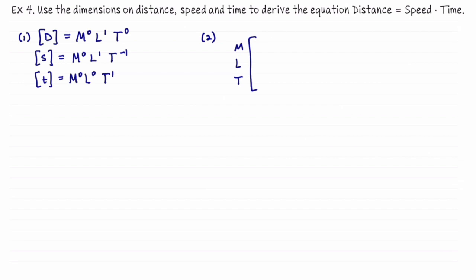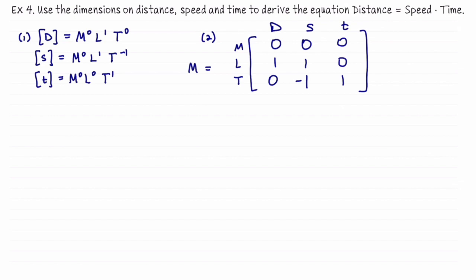I'm going to label the columns D, S, and T. Now we take the exponents: D was 0, 1, 0, so D was m to the 0, l to the 1, t to the 0. S was m to the 0, l to the 1, t to the negative 1. T was 0, 0, 1. Let's call this matrix M.